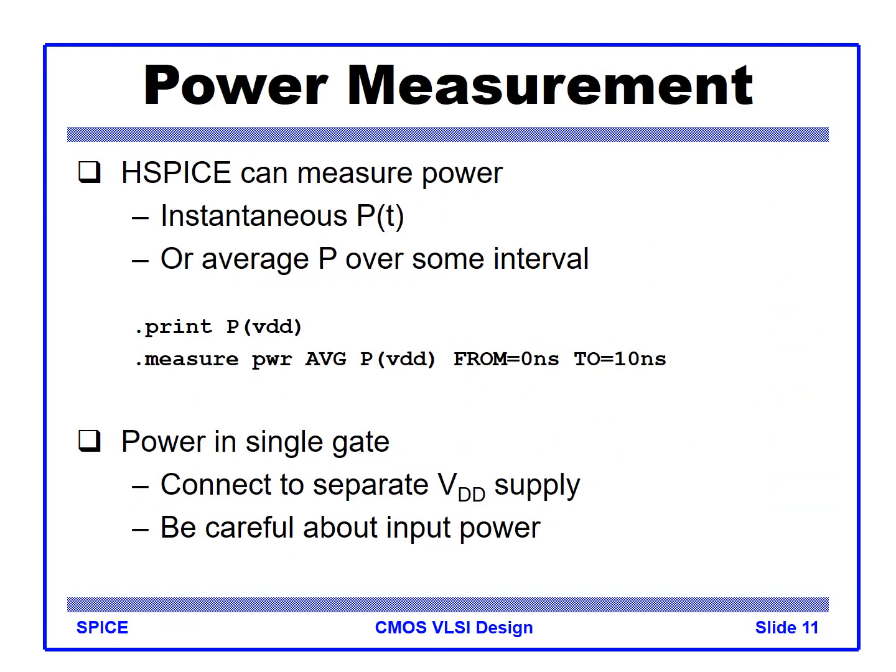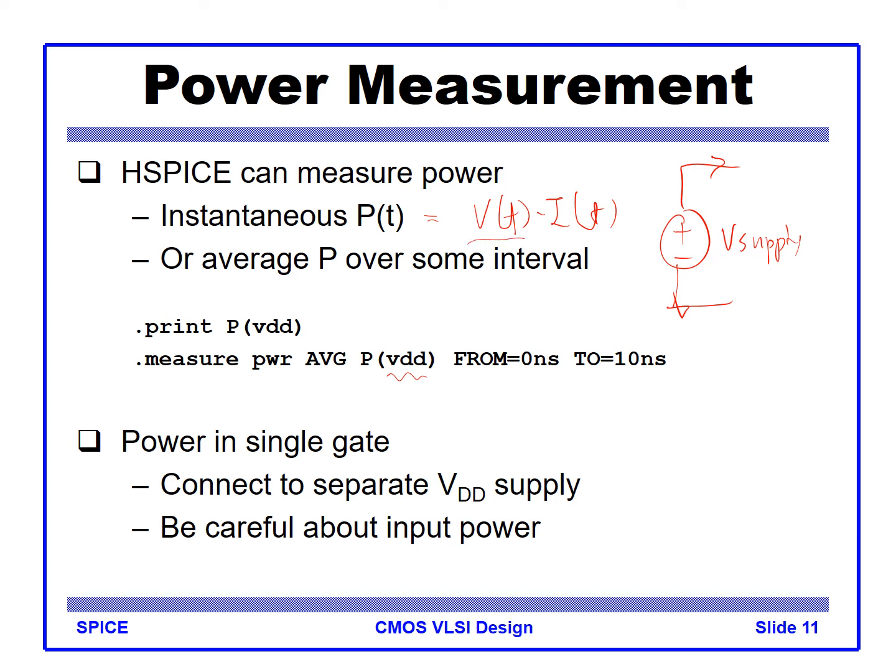Power can also be measured in a circuit simulator such as HSPICE or Spectre. You can look at the actual power consumption. The average power is drawn from the supply.